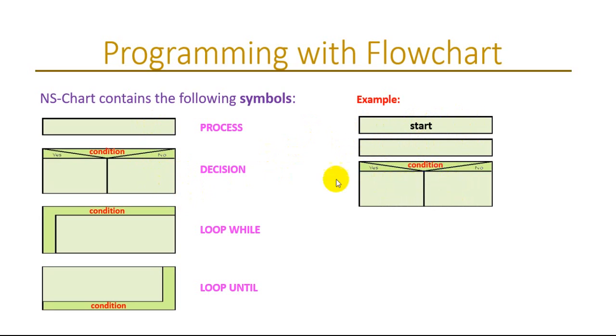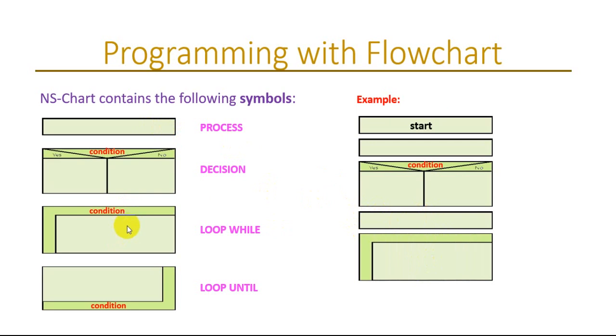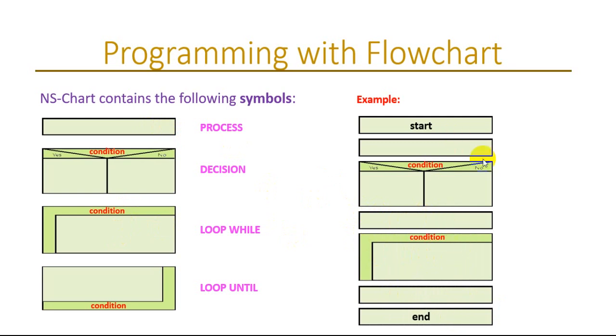Then let's say another process happening, that is this one, and we are going to use a loop, while condition. Then again another process, and maybe another process to end. So this is how you will be writing a flowchart, but you won't leave these spaces. I just wrote it to show these are separate things. See, this is a process, this is a process, this is a process, this is a process. This is a condition, and this is a condition.